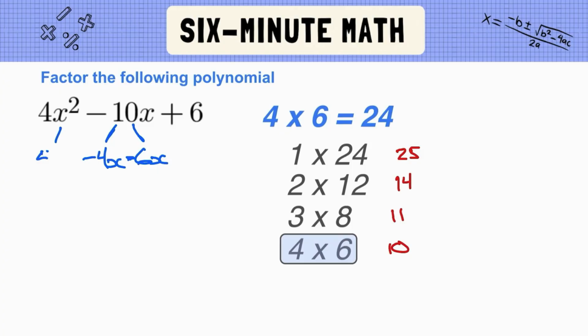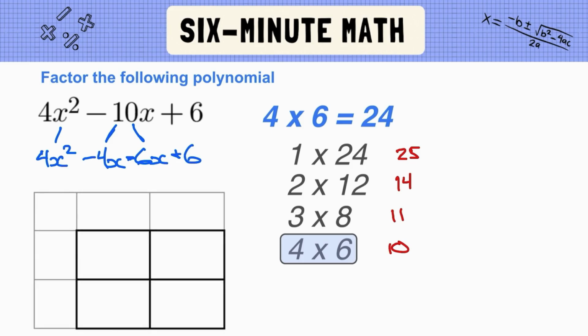Let's drop that a and c values. We have 4x squared and positive 6. And let's put some numbers into our box. 4x squared minus 4x and negative 6x plus 6.